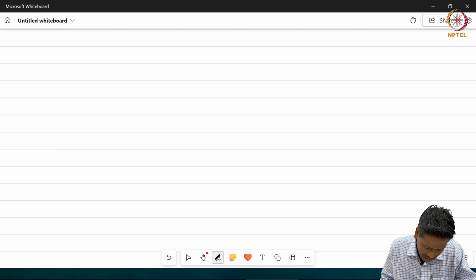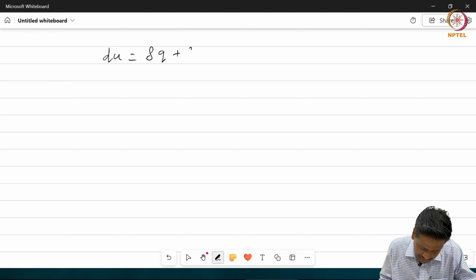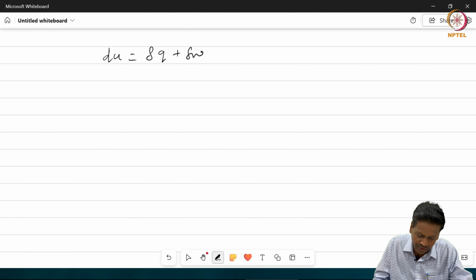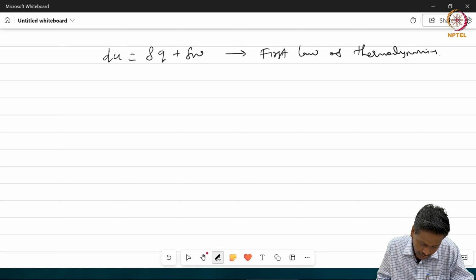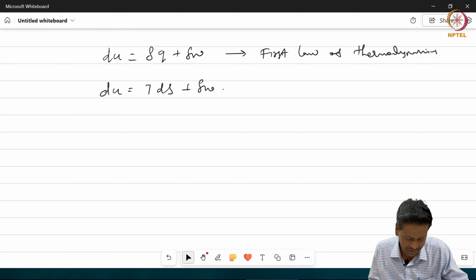We know from the first law of thermodynamics that dU is nothing but δQ plus δW, for a closed system. If I expand this, I know for a reversible system δQ is nothing but TdS, and I simply write δW as it is.